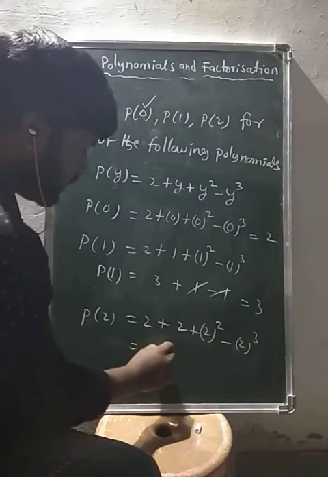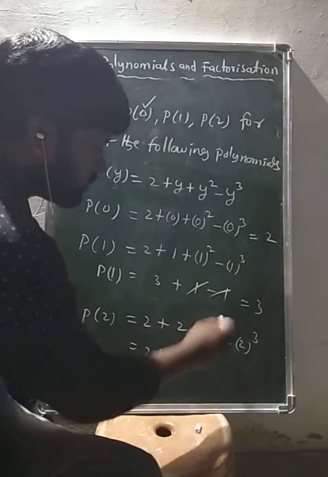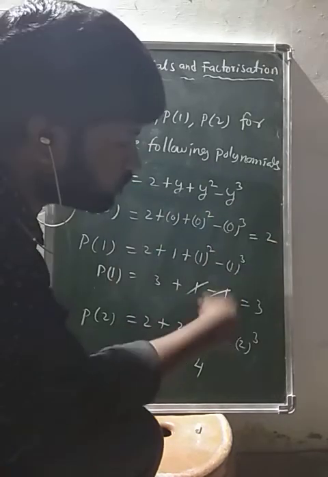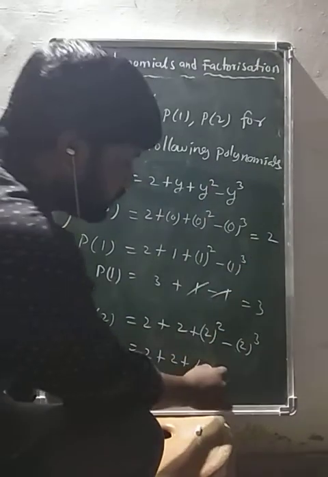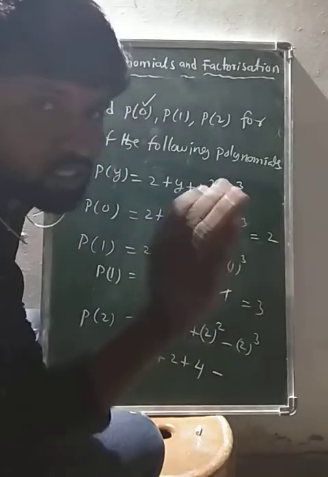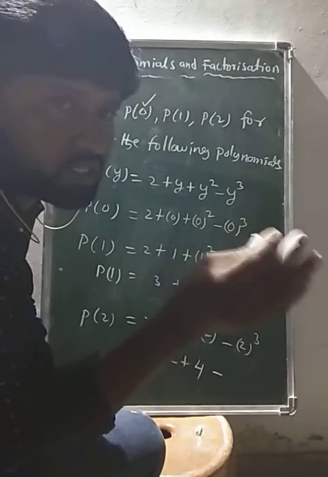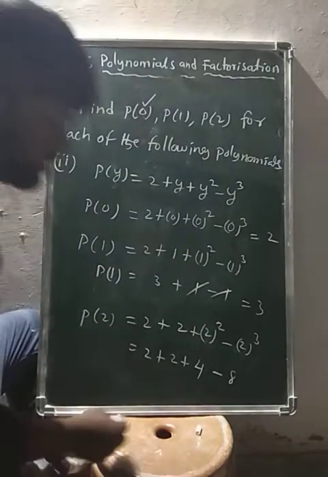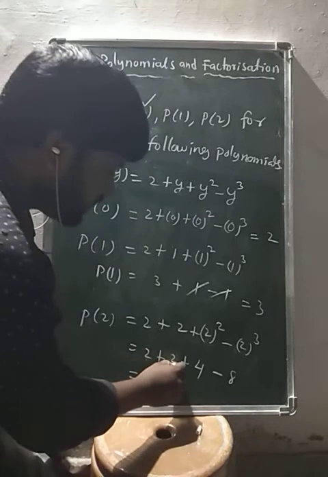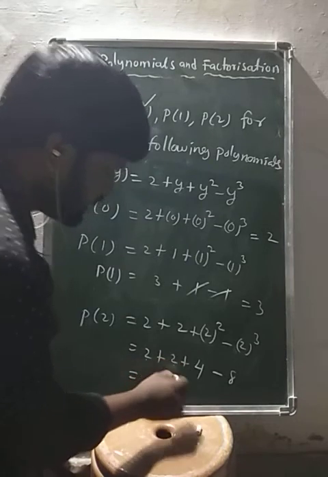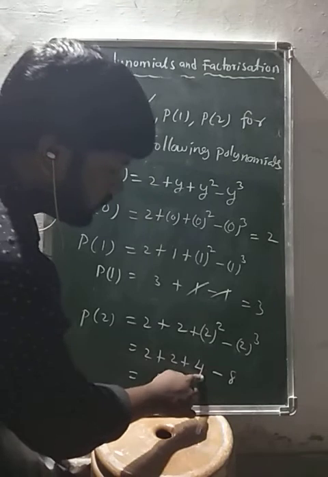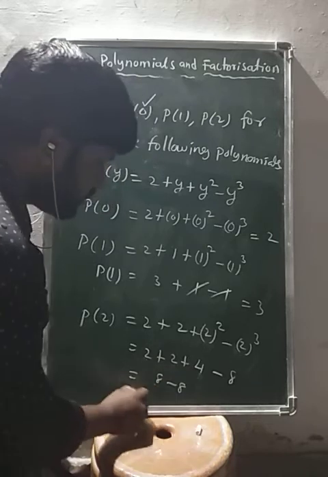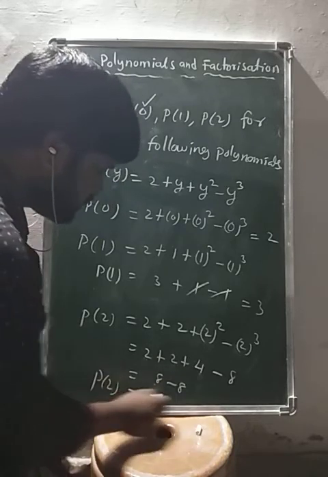So that is 2 plus 2 whole square: 2 raised to the power 2 means 2 times 2, 2 twos are 4, minus 2 cube means 2 raised to the power 3, multiply 2 three times. 2 twos are 4, 4 twos are 8. So 2 cube is 8. So clearly 2 plus 2 is 4, 4 plus 4 is 8, minus 8. So we get P of 2 is equal to 0.